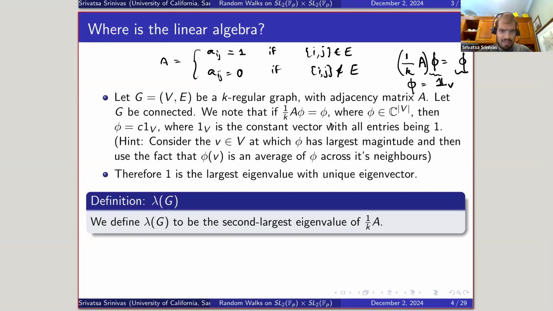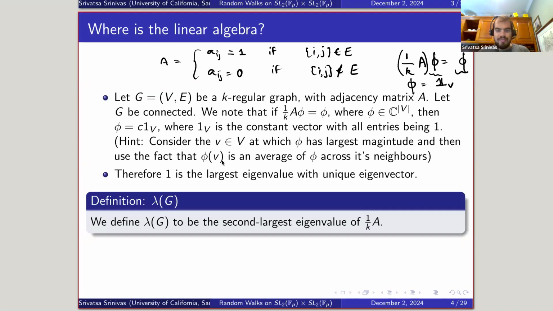If you consider the vertex v at which this function has largest magnitude, then that means you have a convex combination of neighbors. And I should have said, you can't have self loops, otherwise this might be false. No, actually, it's still true if you have self loops.